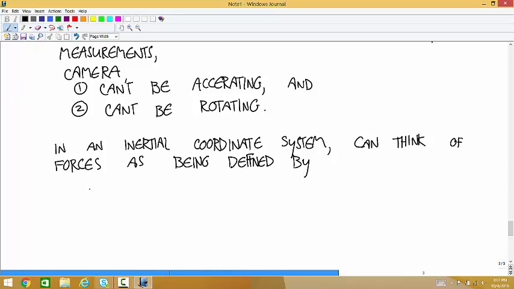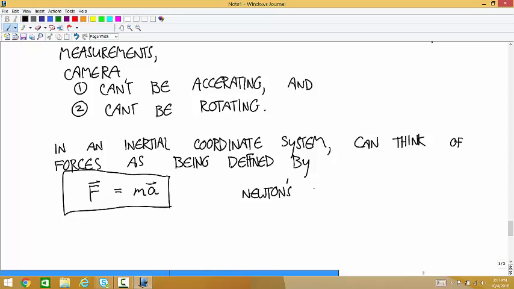And you've probably heard this equation mentioned before. Force vector is equal to the mass times the acceleration vector, F equals ma. This is Newton's second law. And this is the single most important equation in this class.